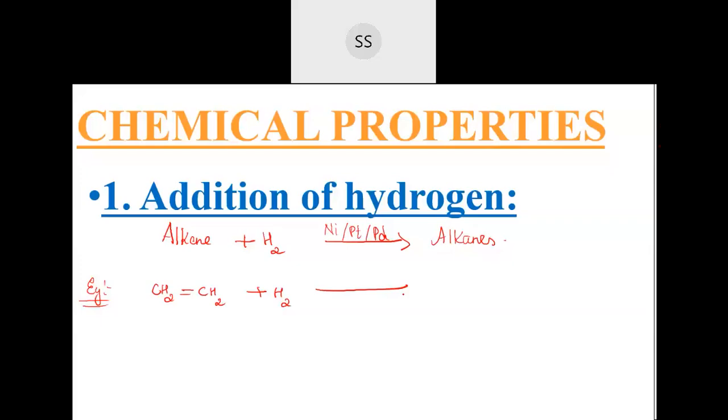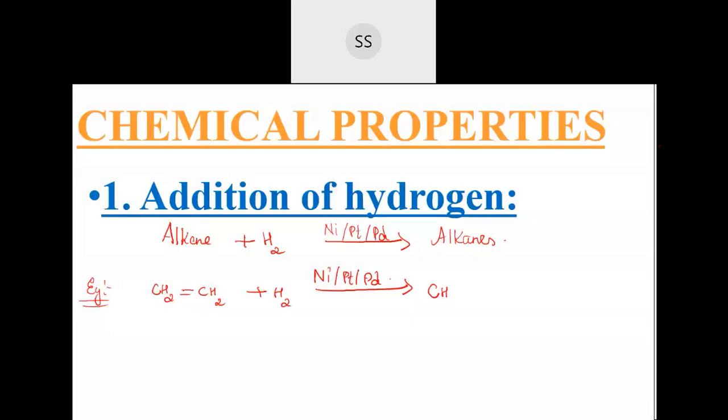You need to just know the example. You can write this directly, you need not write any sentence because this will be asked as a fill in the blanks type, just to complete the equation. Take the example ethene, CH2 double bond CH2, in the presence of hydrogen, and the catalyst nickel, platinum or palladium will be given to you.